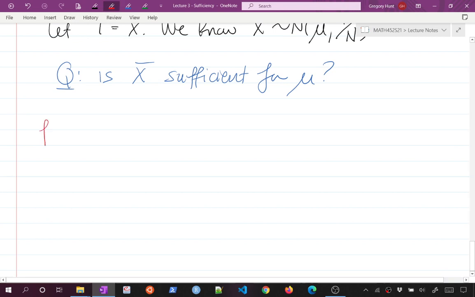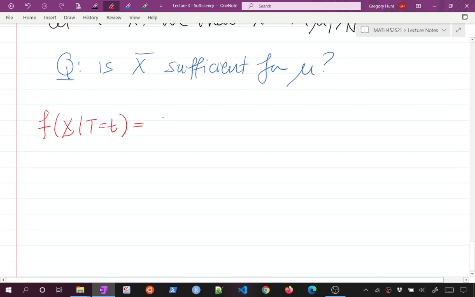So let's do it. What we need to do is check that the conditional distribution of x given t is free of theta. That is, if I condition on t, there's nothing left about theta in the remainder of the data. As always, the dot, dot, dot is basically saying that we only need to consider when x bar is t.